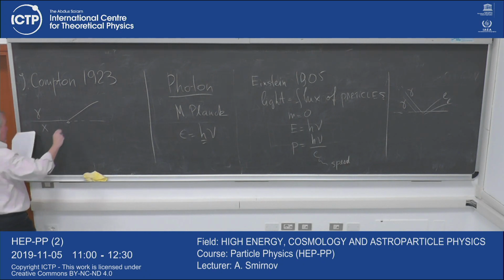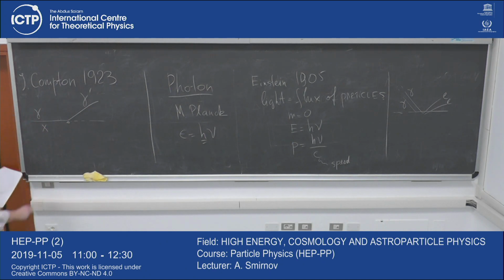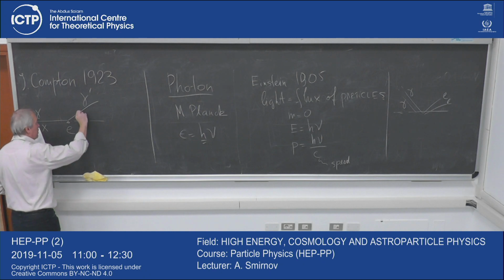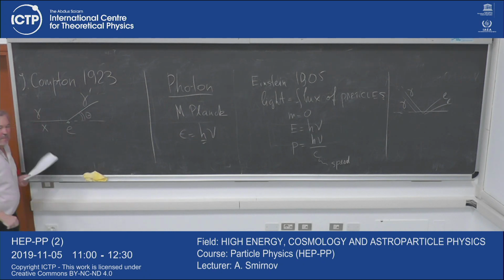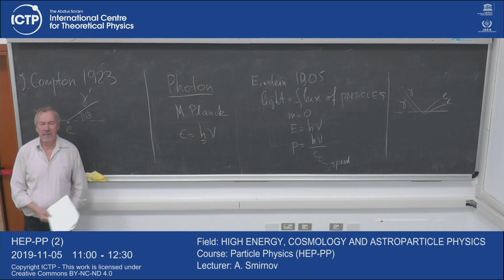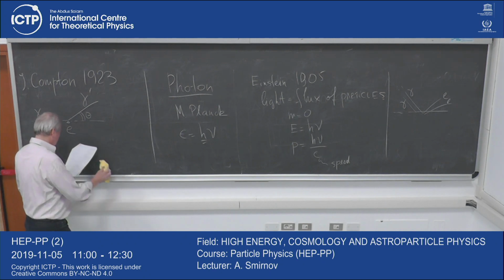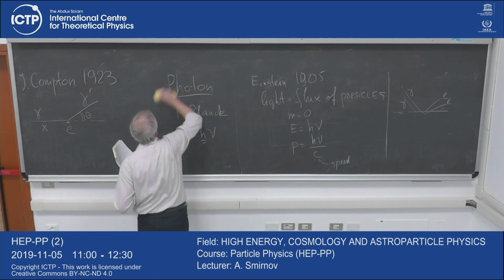So we have gamma, and here is the photon, and this is the photon in the final state. Here is the electron, and this is the scattering angle. You see, many of these early discoveries were made by just studying kinematics. Simple kinematics, like in the Thomson experiment or Rutherford experiments, essentially a classical picture. No need for quantum mechanics here, right? So what's going on here? What has been measured?